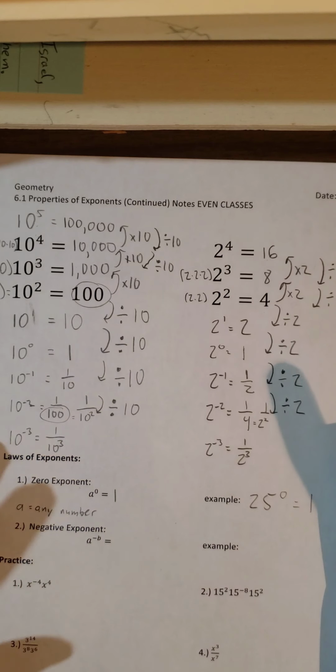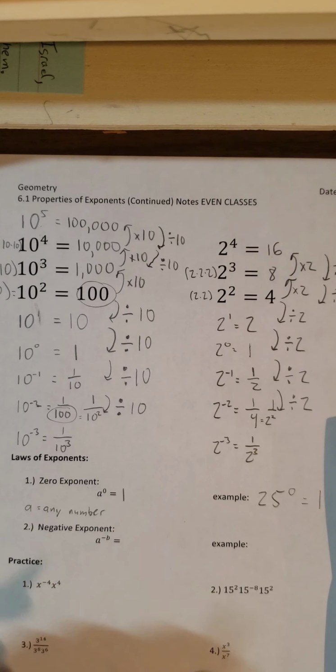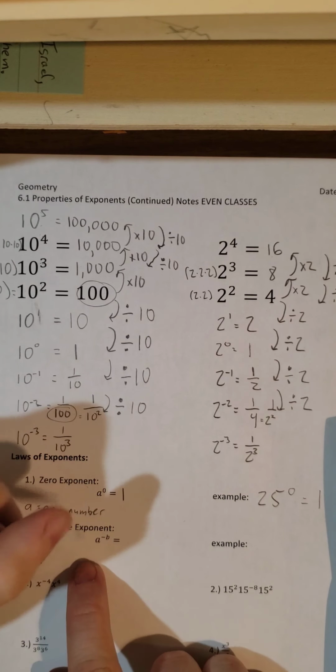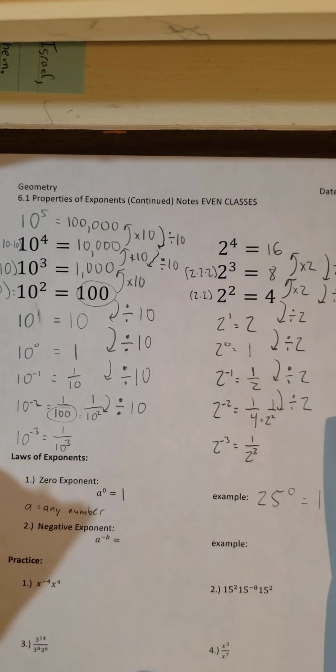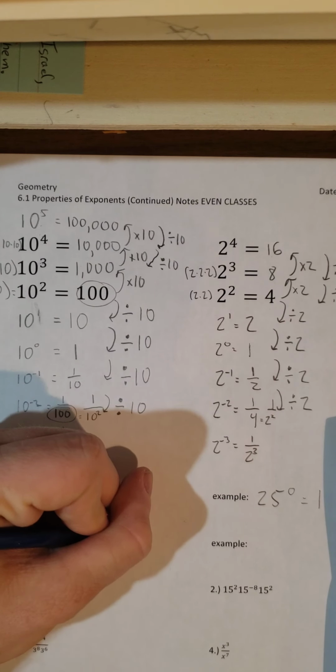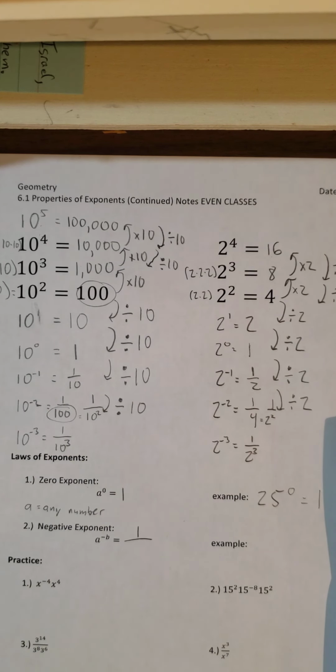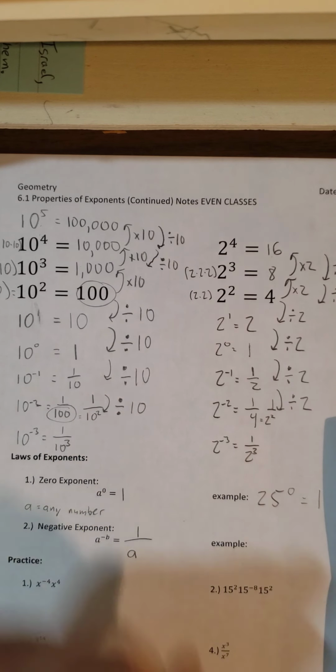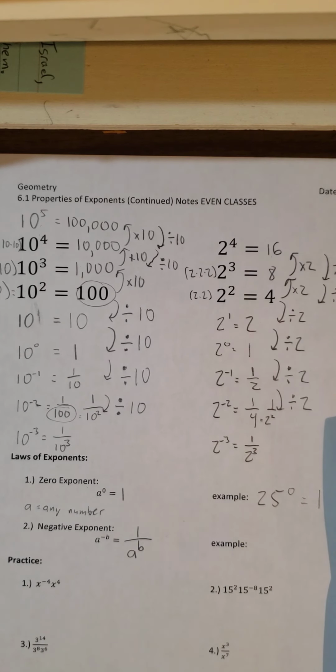So that's our second law that we're learning today: if you have a negative exponent, and again, this a represents any number, so if you have any number with a negative exponent, what that means is that you can simplify that to 1 over that number with the exponent in the denominator.